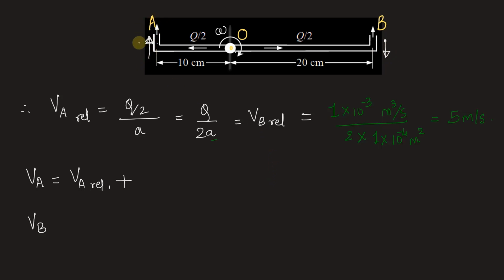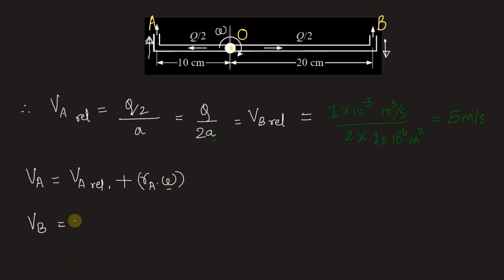So effective velocity at point A, or absolute velocity at point A, will be the summation of velocity due to the rotation and jet velocity. So we can write plus RA into omega. This is nothing but the velocity due to the rotation, the tangential velocity at point A because the sprinkler is rotating with angular speed omega.